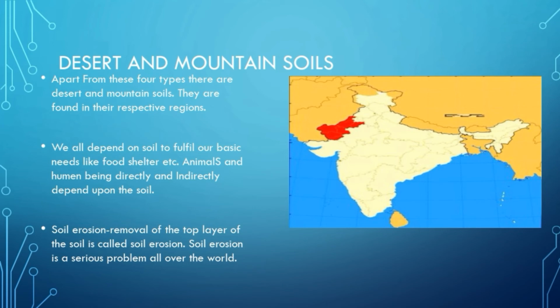Now this time we are going to learn soil erosion. Removal of the top layer of the soil is called soil erosion. Soil erosion is a serious problem all over the world.